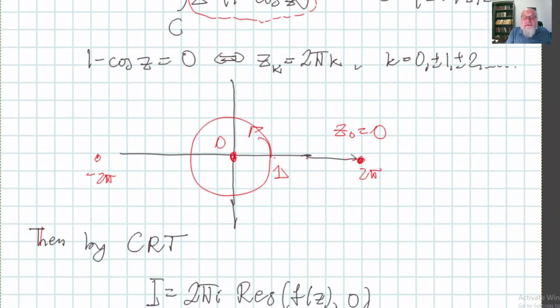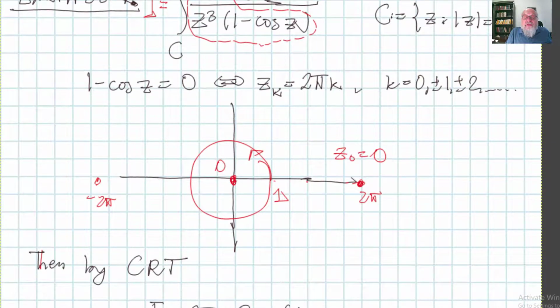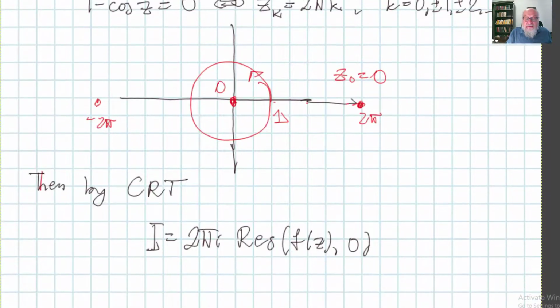Again, by simply analyzing the Taylor series expansion of 1 minus cosine z, you can realize that z0 is a pole of order 5, so it's pretty bad.